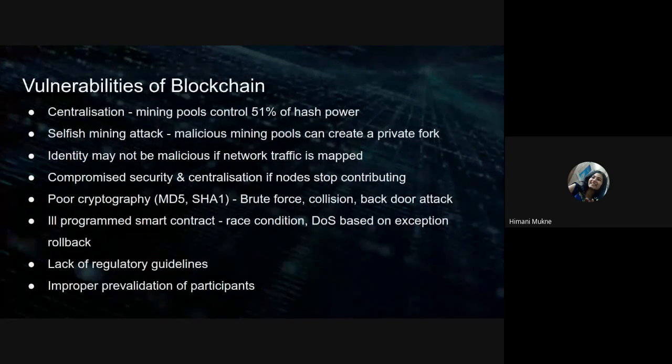This is a serious problem because the core of blockchain is supposed to be decentralization. But the existence of a mining pool that controls 50% of the hash power of the entire network violates the principles of decentralization, and it can manipulate the mining rights. It can change the billing rights or the distribution rights of which information is available to whom in the network.